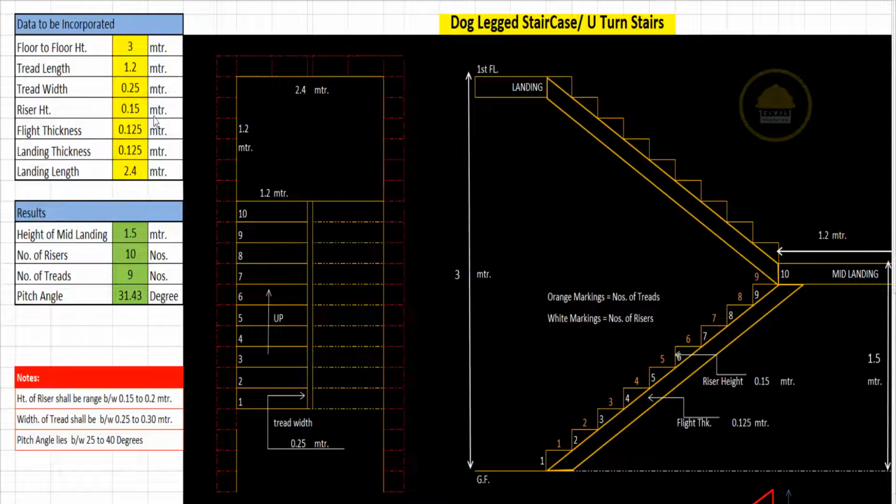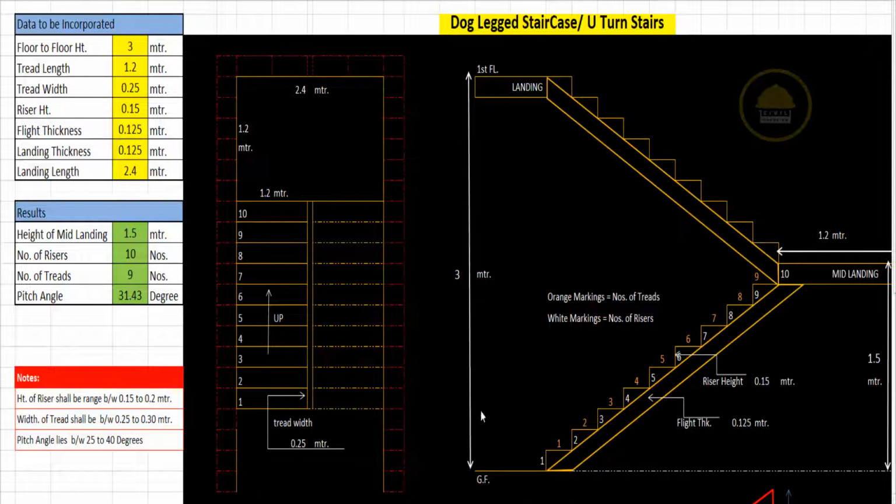This is the landing and this is the mid landing. These are the waist slab thicknesses, and as you can see, the orange marked numbers are the numbers of treads and the white marked numbers denote the number of risers: 1, 2, 3, 4 and so on.